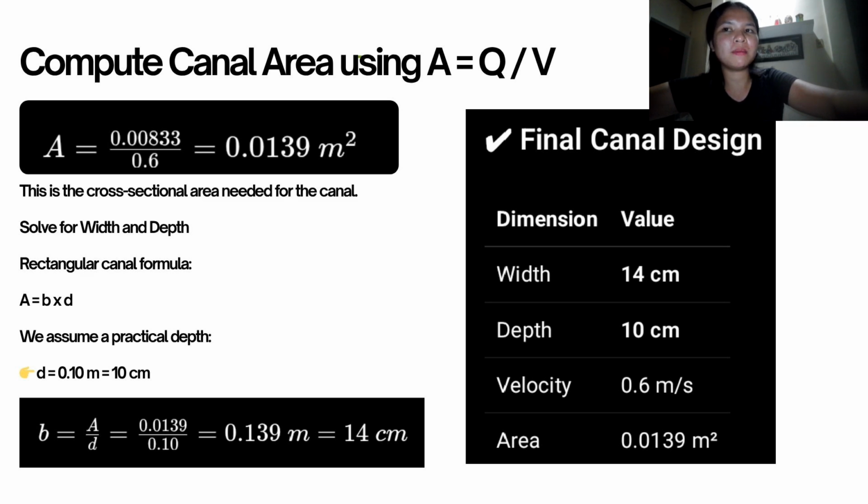And then, ang ako ipili nga shape is rectangular man. So, ang formula niya is A is equal to B times D. So, ang atong i-assume is ang practical depth. So, D is equal to 10 centimeter. So, B is equal to area divided by depth.